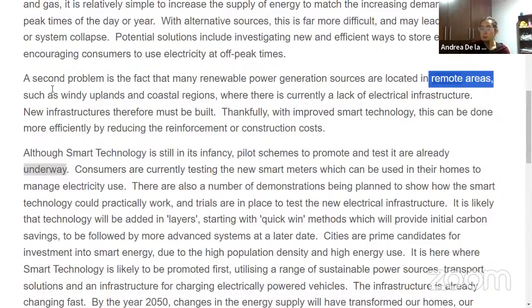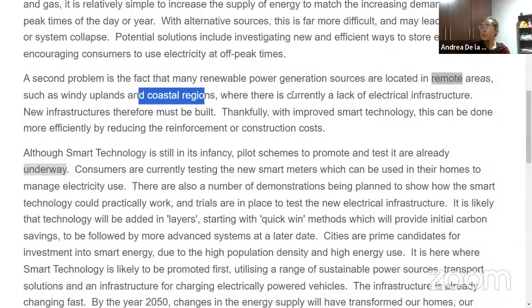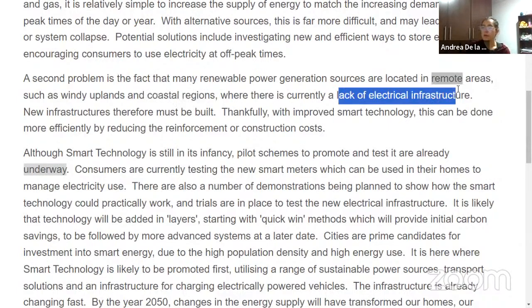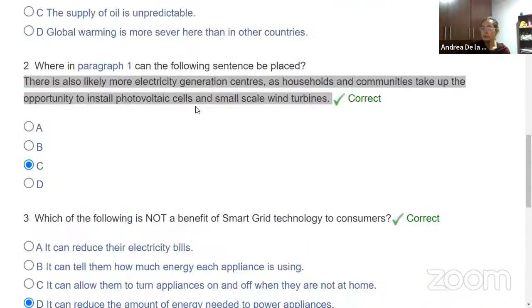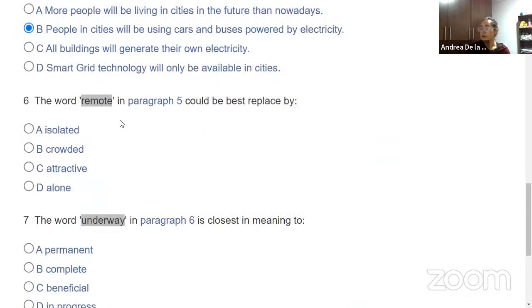What are examples of remote areas? Windy uplands, coastal regions, places where there is currently a lack of electrical infrastructure and where they have to build new infrastructures. So that is the context. We start asking ourselves, so is a windy plant or a coastal region a crowded place? Definitely not, right? Is it an attractive place?